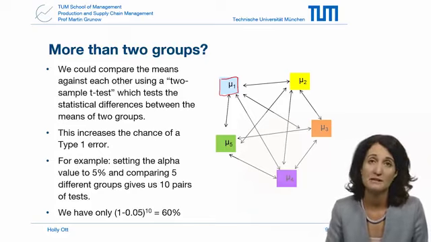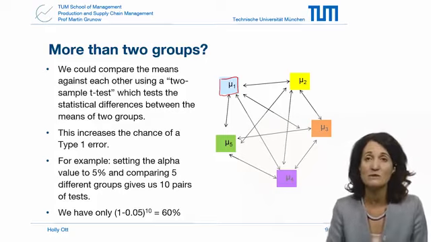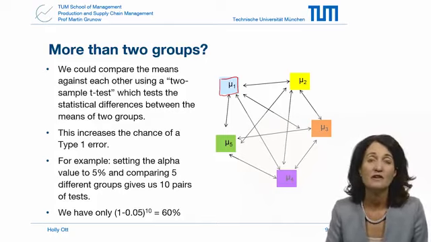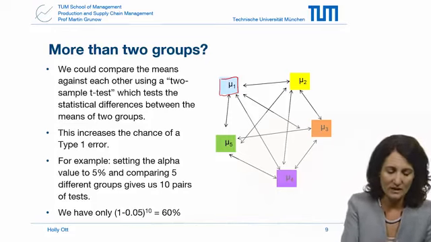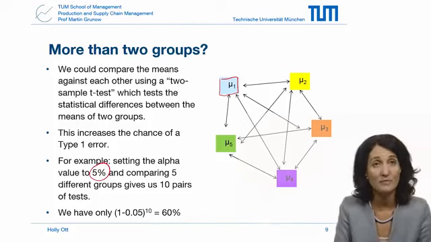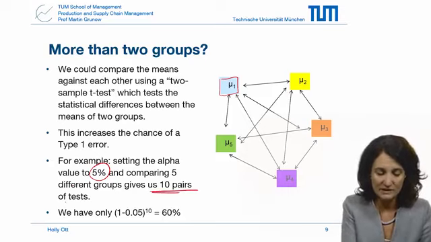Now the problem is that the number of t-tests will increase the more groups you have, and the more the number of analyses, just as we did way back in course 1, the higher then the probability of committing a type 1 error. For example, if we set our alpha value to a nice value like 5%, and if we compare these 5 different groups like what's shown here, we'd end up with 10 pairs of tests.